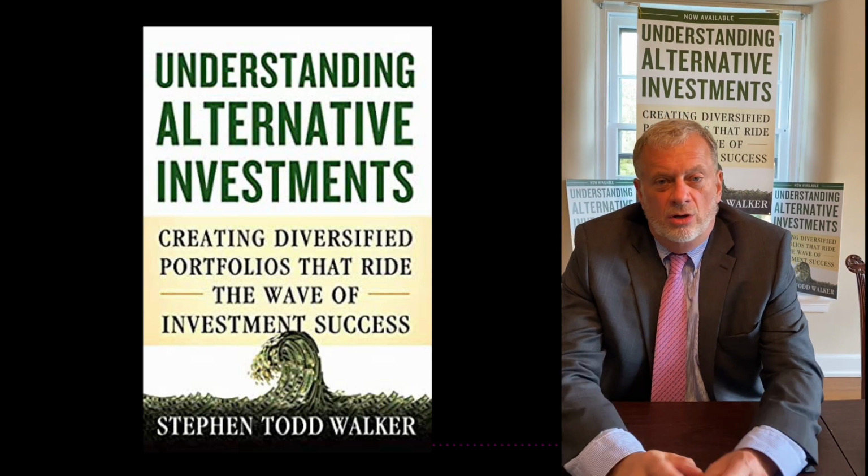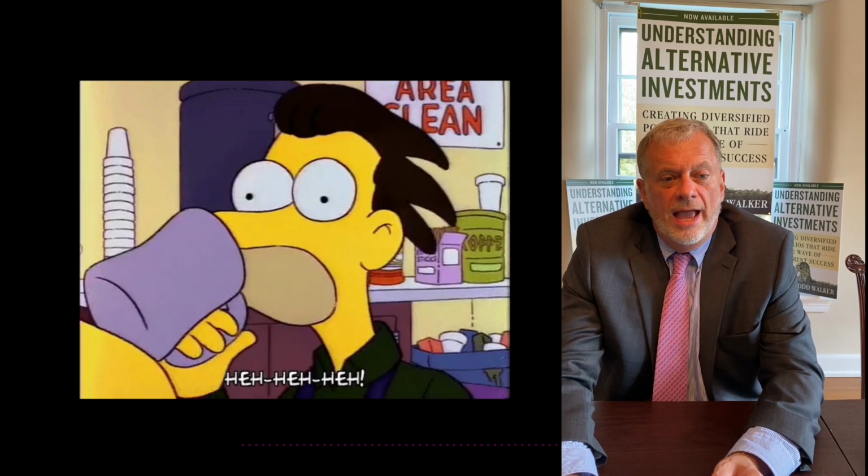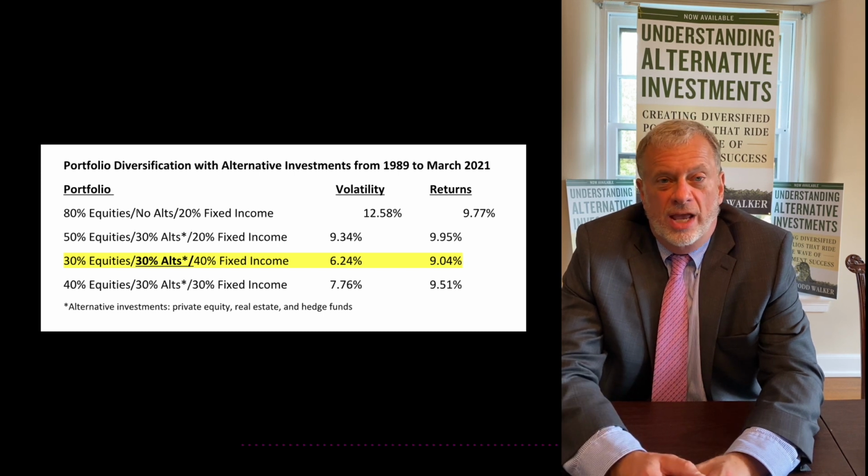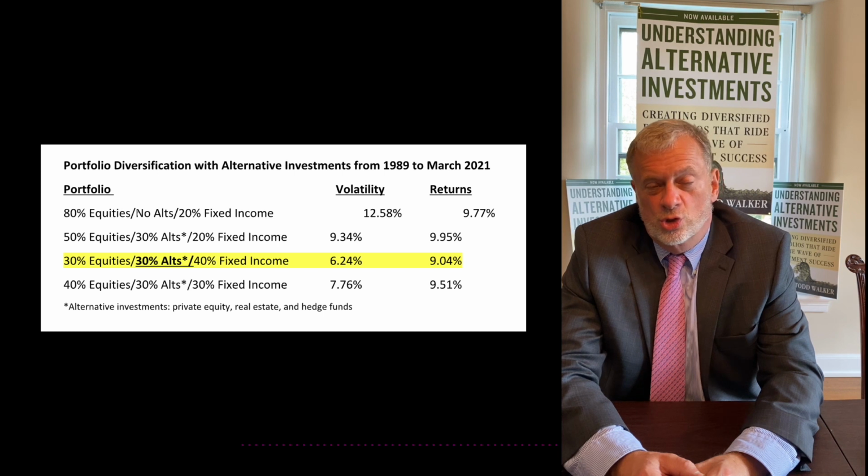Let's take another example. Again, this is going all the way back to 1989 until March 2021. So say we have 30% alternative investments, and we lower our equities down to 30%, and we increase our fixed income, making it a much safer portfolio with 40% fixed income versus 20%.